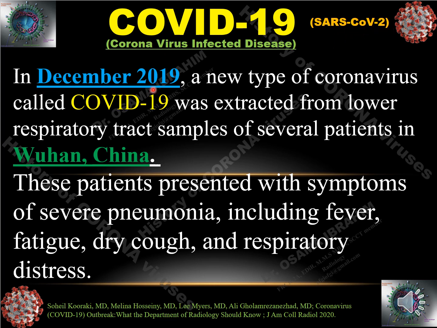In December 2019, a new type of coronavirus called COVID-19 was extracted from lower respiratory tract samples of several patients in Wuhan, China. These patients presented with symptoms of severe pneumonia, including fever, fatigue, dry cough, and respiratory distress.